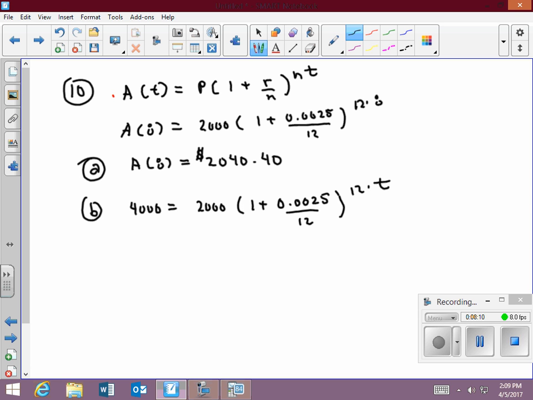So how are you going to do that? You want to get your exponential by itself on one side. So the first thing you have to do is divide both sides by 2,000, right?